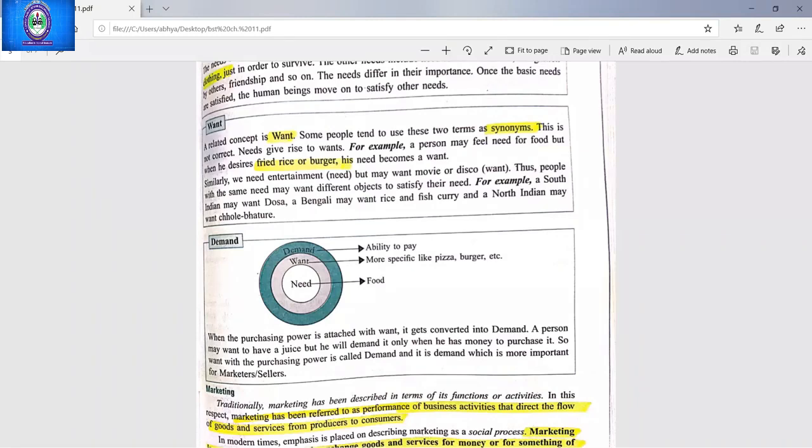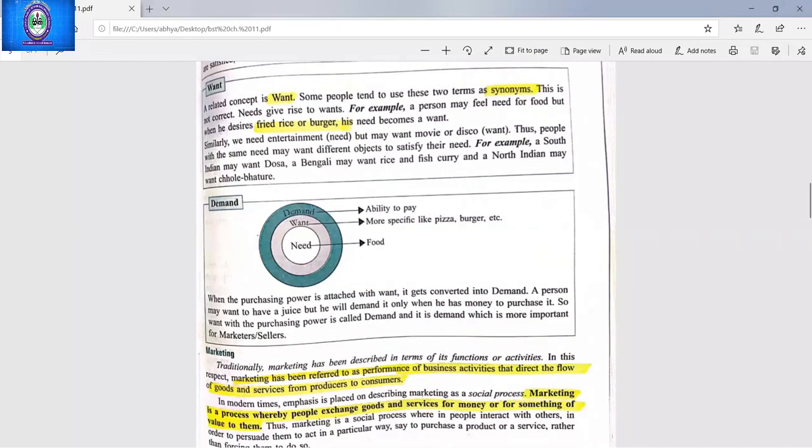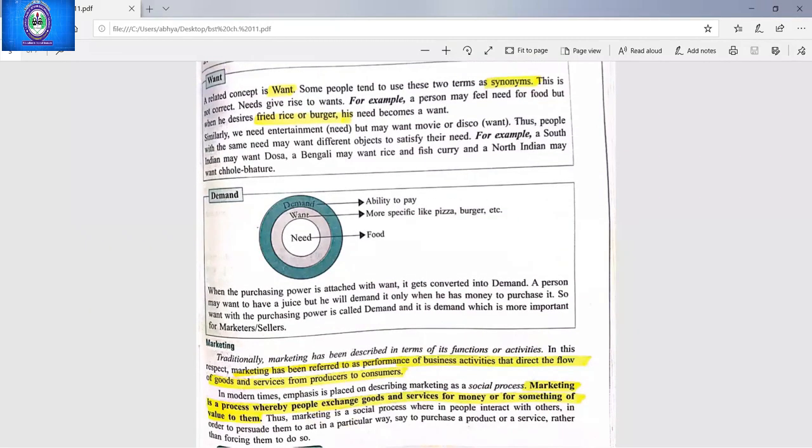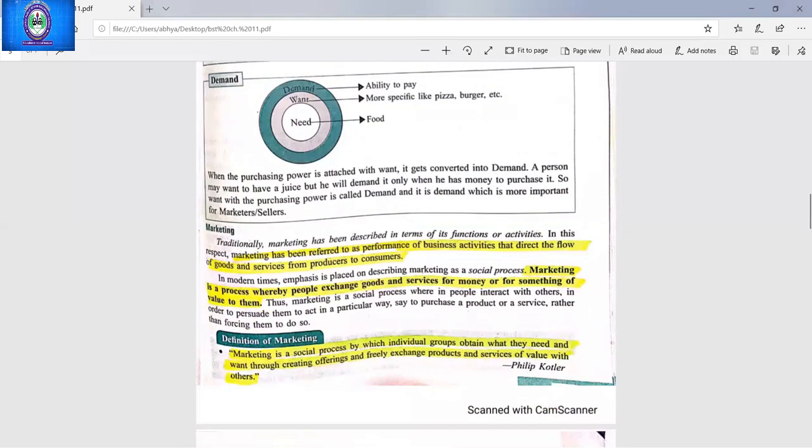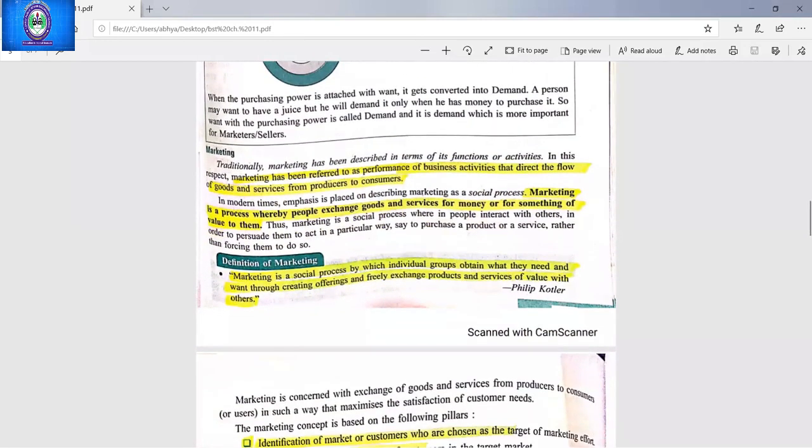Okay, students. All these are one marker questions only: meaning of market, meaning of consumer, meaning of want, need, demand. So next is marketing. In earlier age, when seller orientation and producer orientation were there, marketing referred to all the activities which a marketer has to perform.